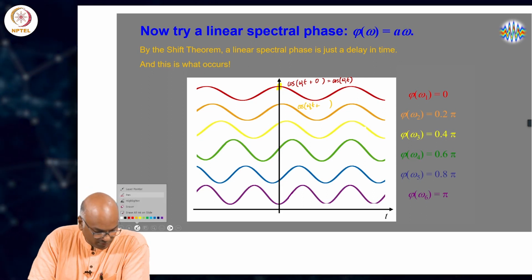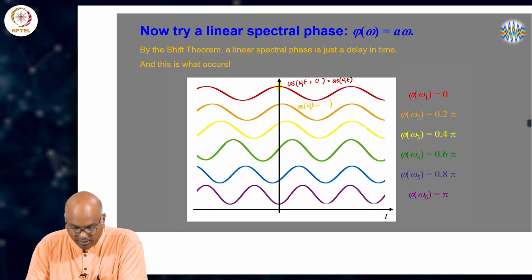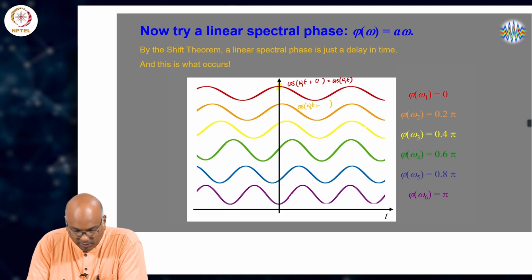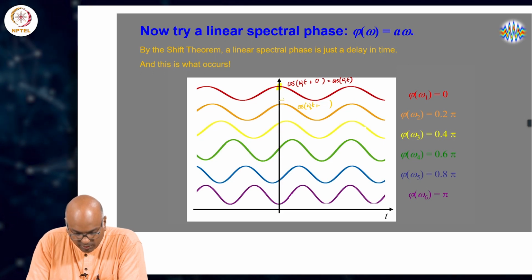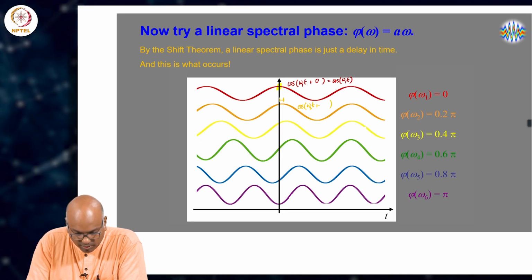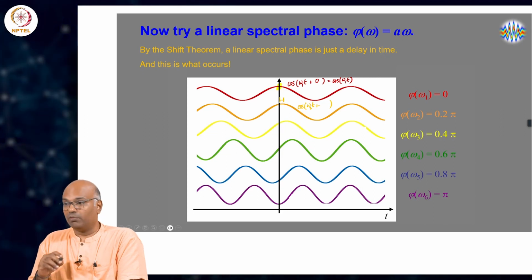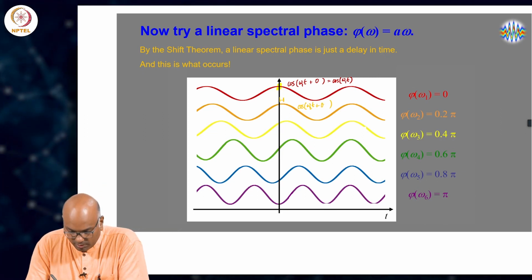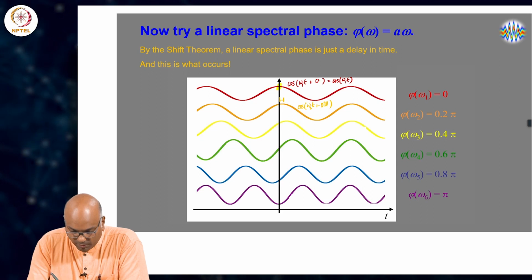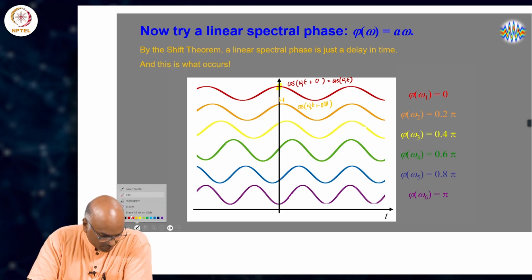Now, here what have we done? In the next case, look at this, the maximum is shifted by a wee bit, about 20% of pi. So, this is 0.2 times pi. Okay, here I should have written it more.